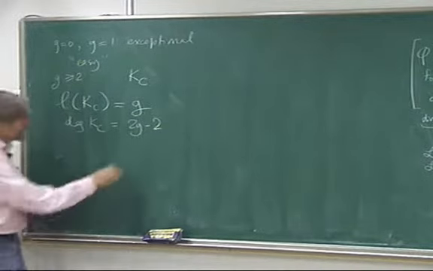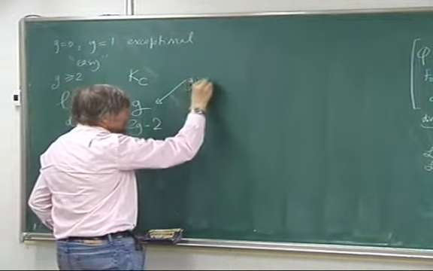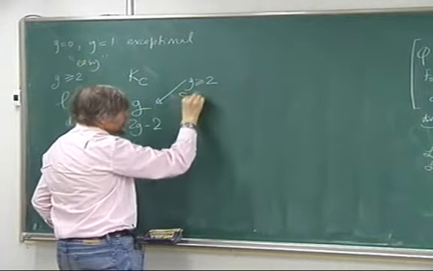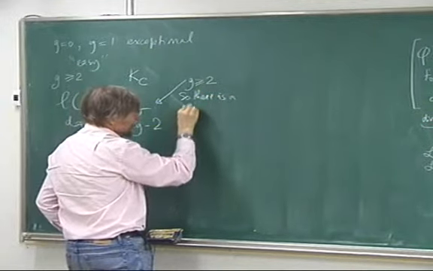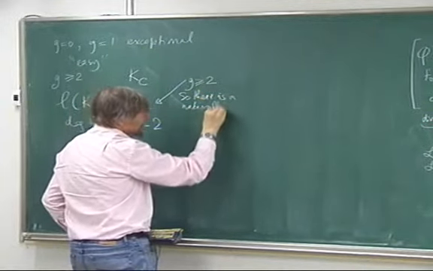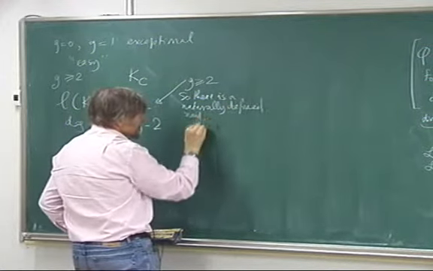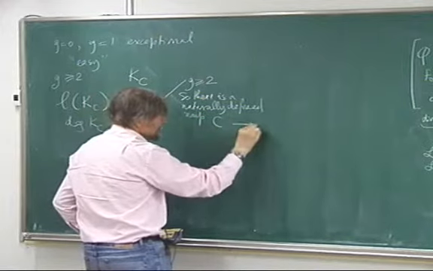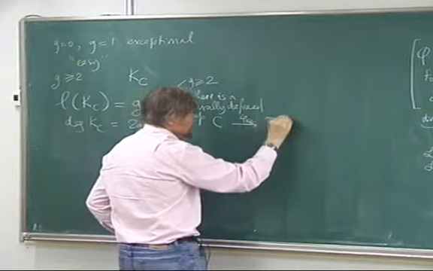The point I want to draw attention to is that g is greater than or equal to 2. So therefore, there is a naturally defined map from C into P^(g-1).